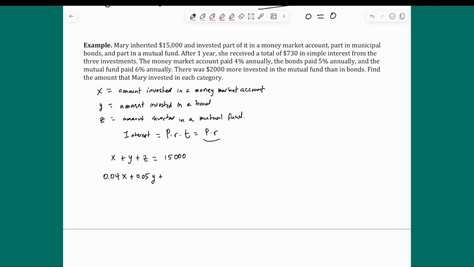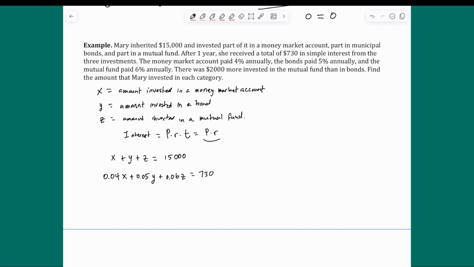And then the amount we put in the mutual fund times the rate it's paying annually, which is 0.06z. We know that this is going to add up to, sorry, not $300, $730.